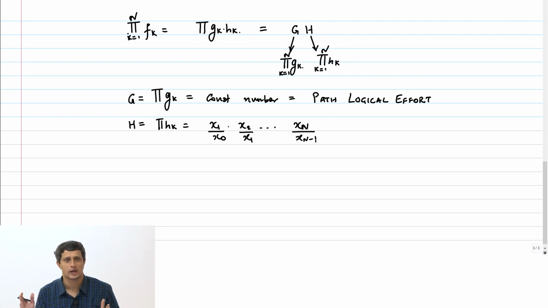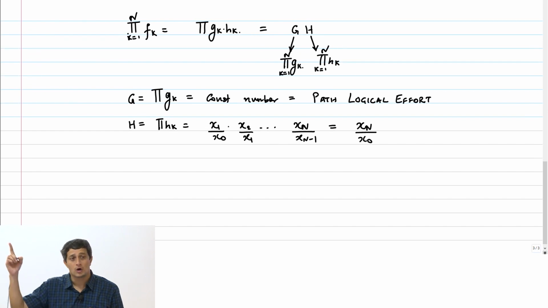Everything will cancel for H and you will simply get the path electrical effort, capital H, as the ratio of output capacitance by input capacitance. Ratio of the final capacitance, which is again a constant number. We know what the load is. We have a circuit, it's driving a load.